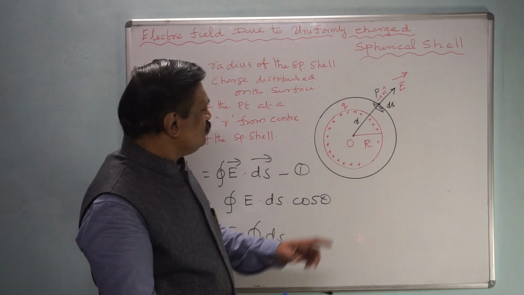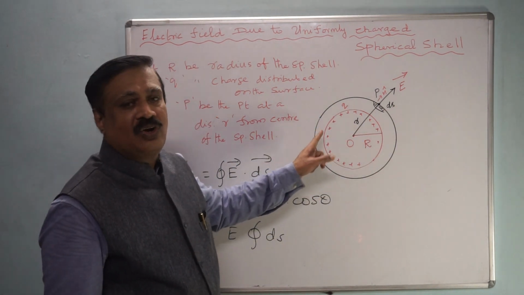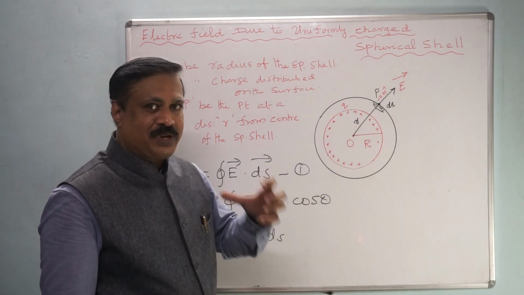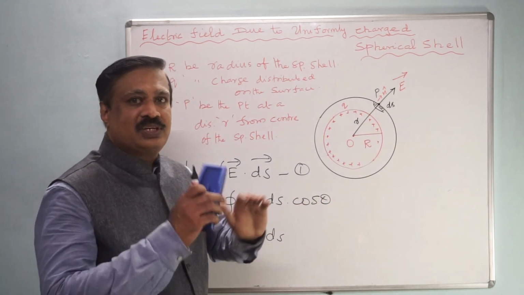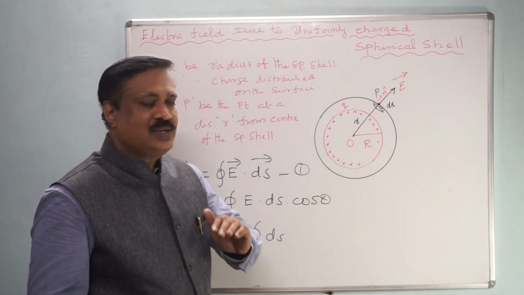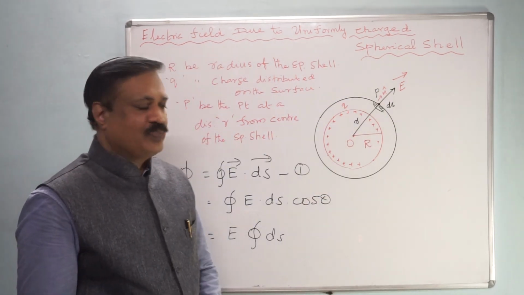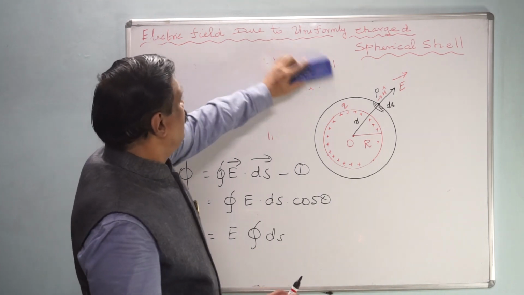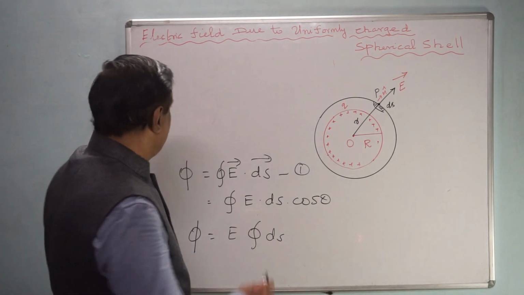Now the black circle is our Gaussian surface, the red circle is our given spherical shell, and this black circle, the Gaussian surface, passes through our point P. Now you put the surface area for this dS.